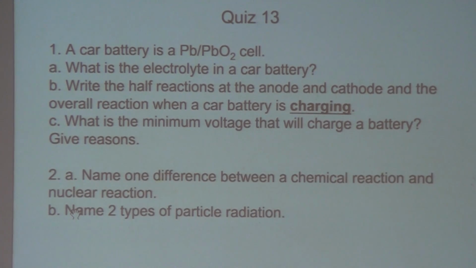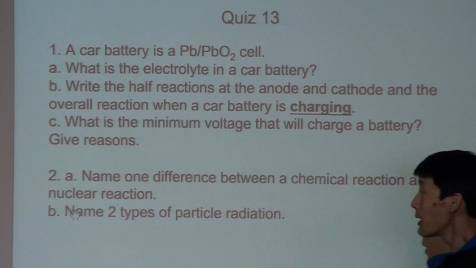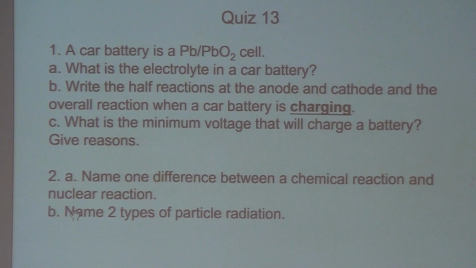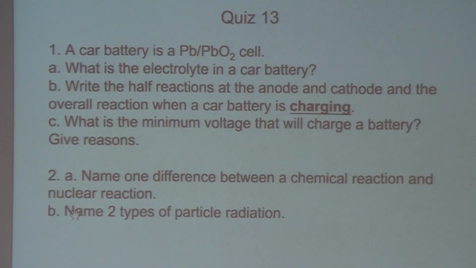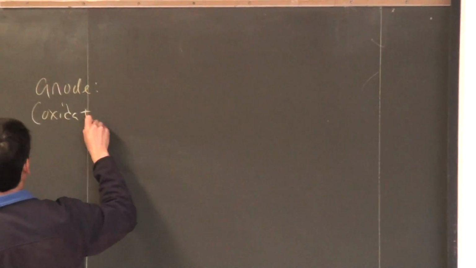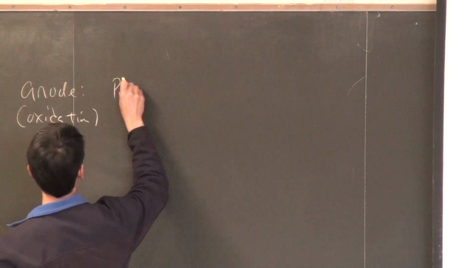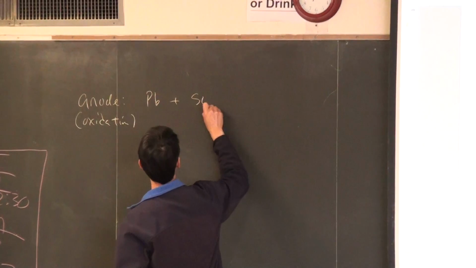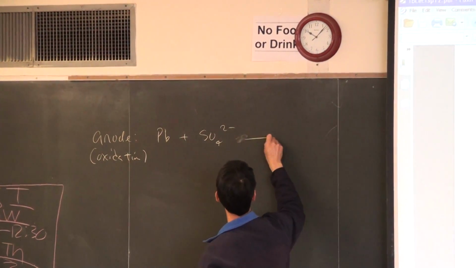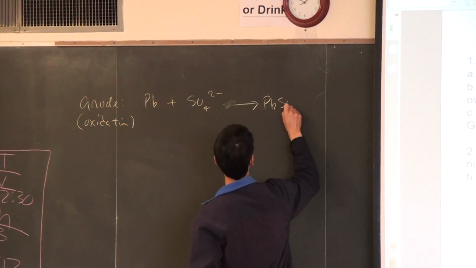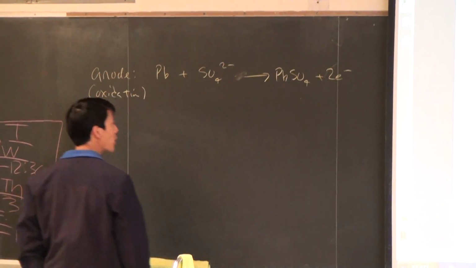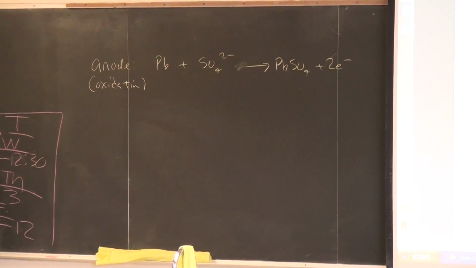Okay, so George, you're giving the general answer, because at the anode, oxidation will occur. So what's the reaction? Okay, so you're saying lead plus sulfate. In this case, what's being oxidized?